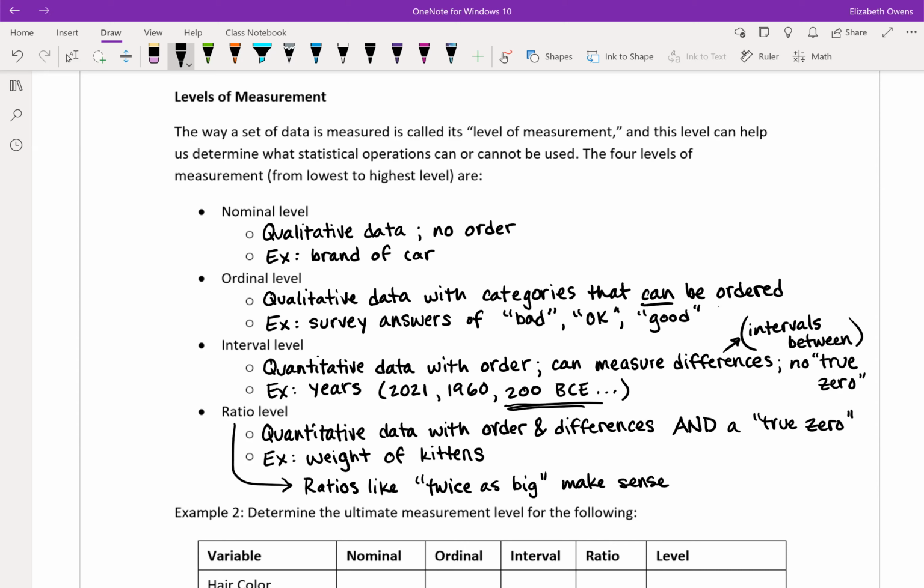Twice as old, but as compared to what? As compared to year zero or as compared to the year 2021? The ratios don't work out at the interval level. They only work at the ratio level. So you can kind of see that this matches up here.